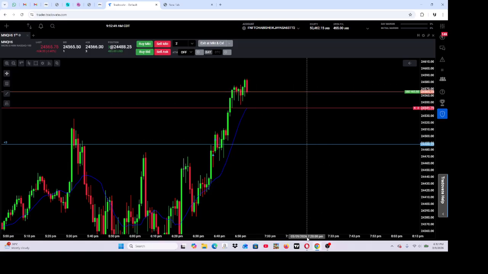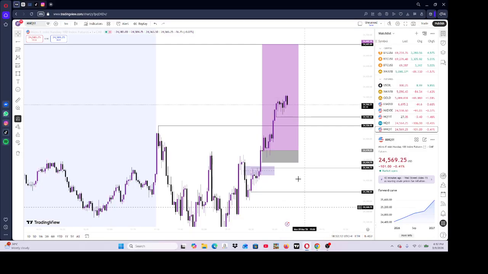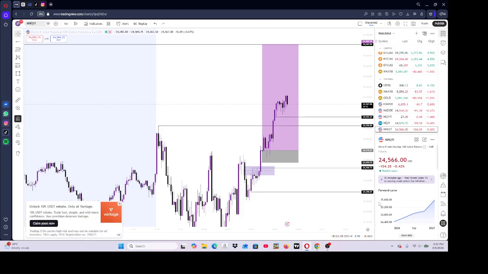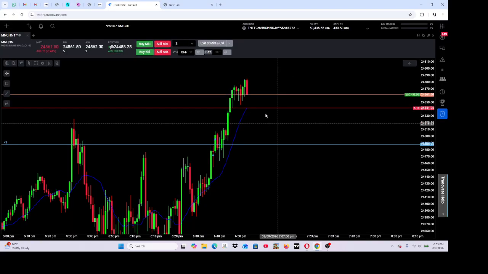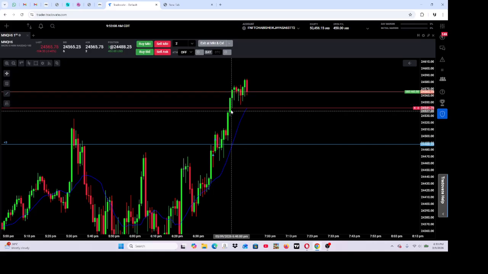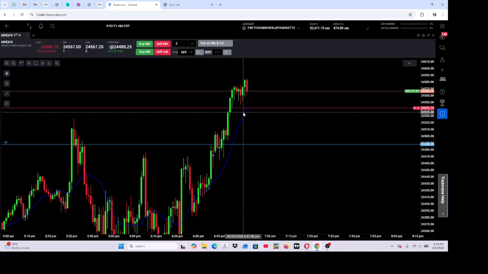A huge ripper to the downside. I know this needs to come to some sort of zones to push more higher.